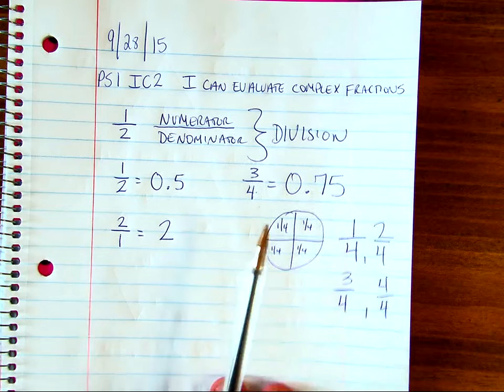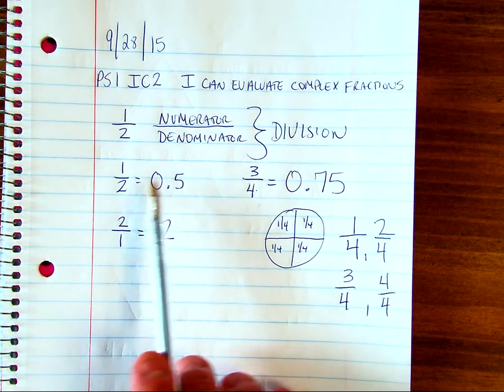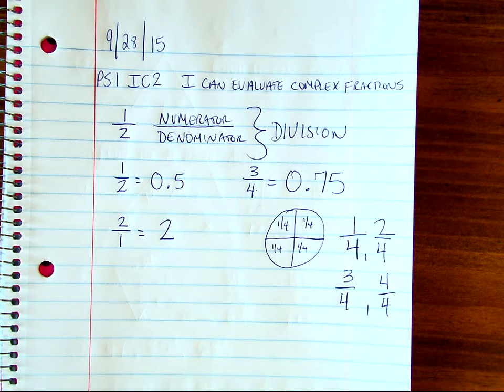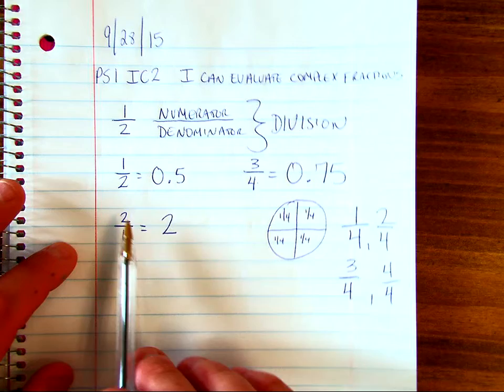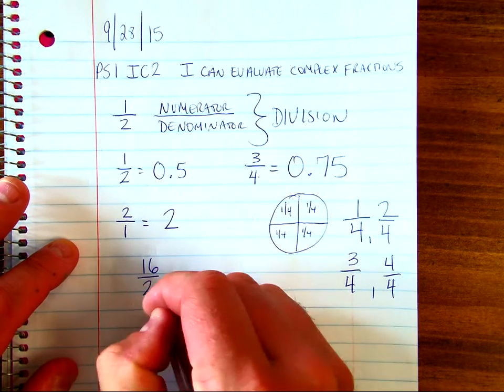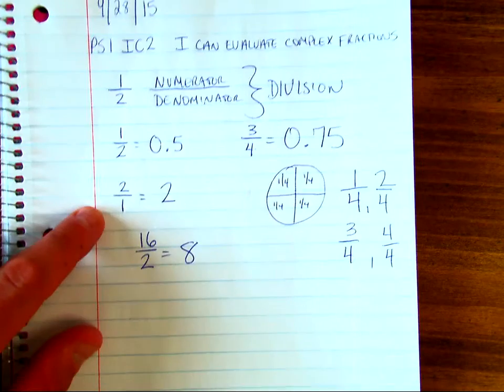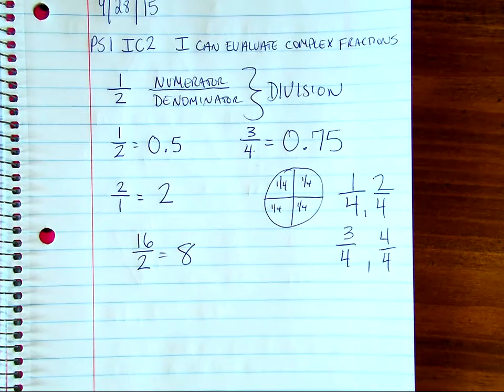So anytime the numerator is smaller than the denominator, like we have here with 1/2 and with 3/4, your answer will be a decimal. If the number on top is bigger, two divided by 1, 16 divided by 2, your answer will be a whole number.